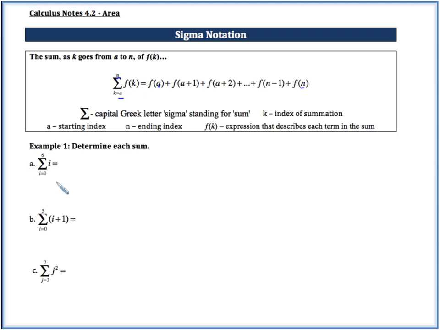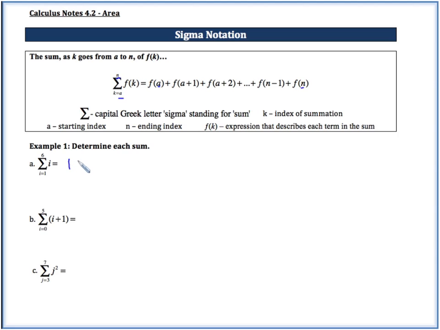So let's go ahead and try this in an example. Might be a little easier to see. Here we want the sum as i goes from 1 to 6 of the function i. So all we need to do is start with our index and substitute 1 in for i.